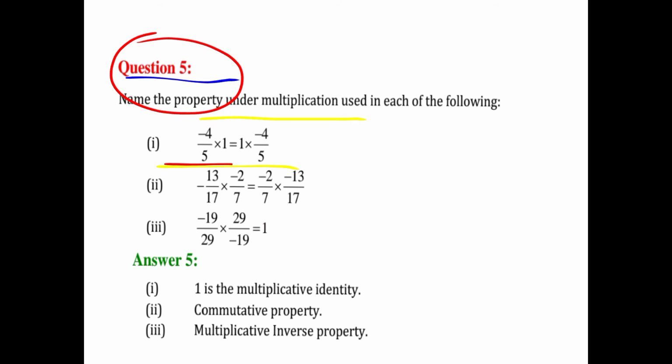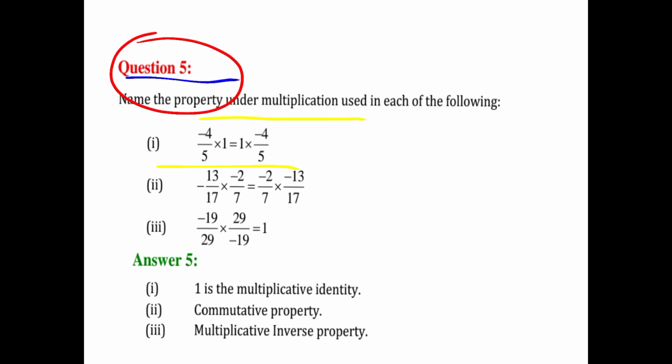For example, in the first, minus 4 by 5 into 1 is equal to 1 into minus 4 by 5. Here the property used is that 1 is the multiplicative identity.